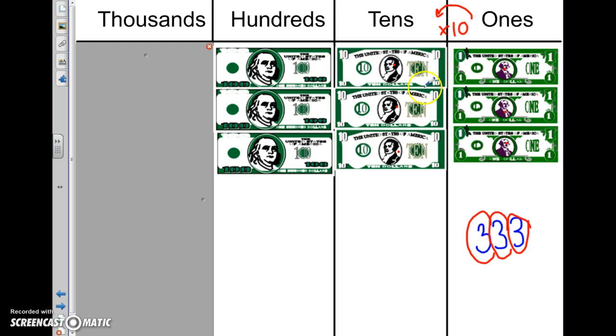Or you could think of it as how many tens would I need to fill up to be worth 100? If you said it is also 10 times greater, then you're correct. And as we move to larger and larger numbers, we will notice this pattern continues. Every time that we move from the right to the left, the value of the digit increases by 10 times.